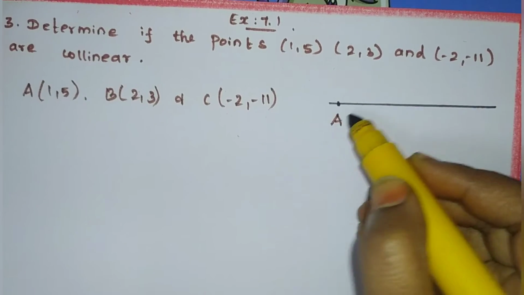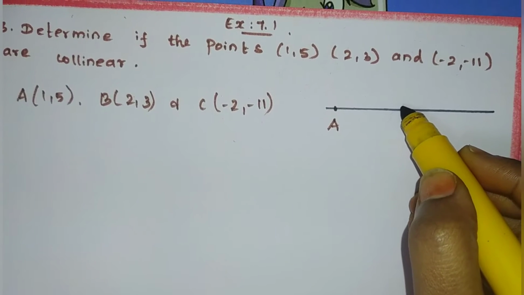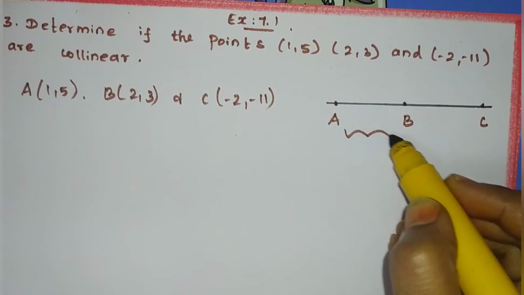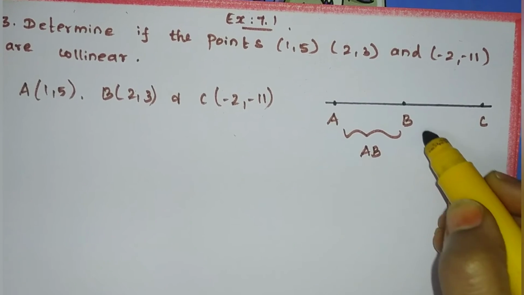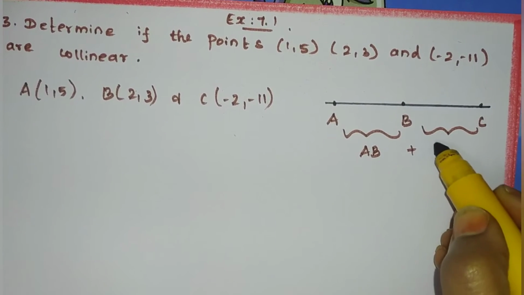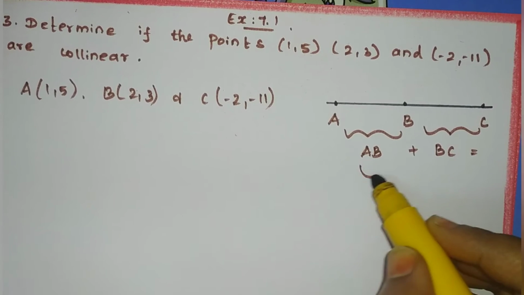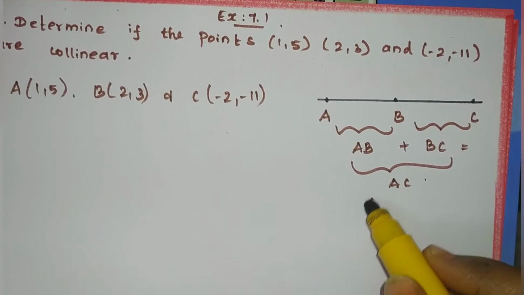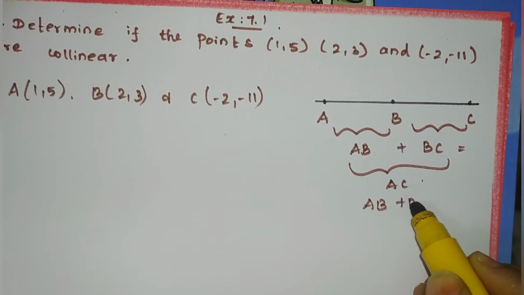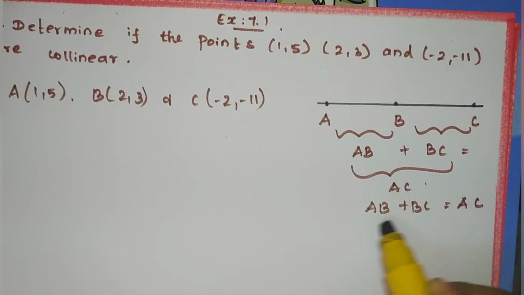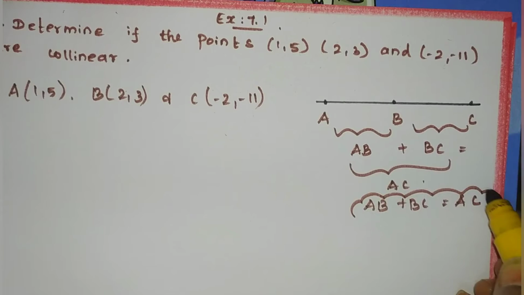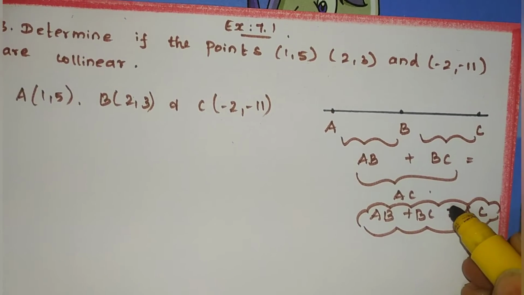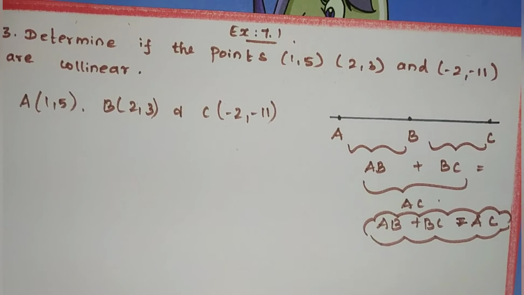If we prove that AB plus BC is equal to AC, it means the 3 points are collinear. If it is not equal, it means it is not collinear.